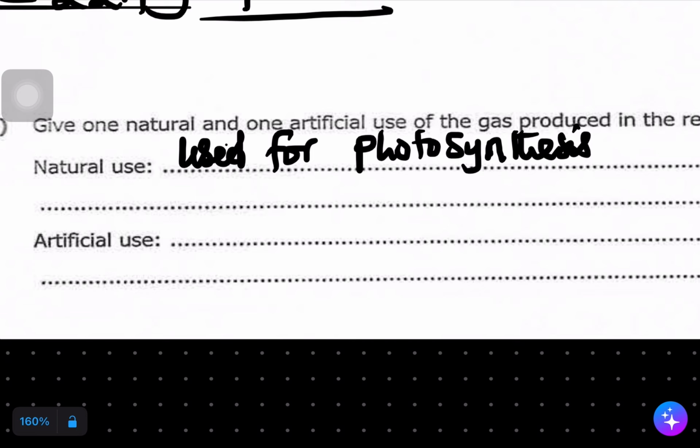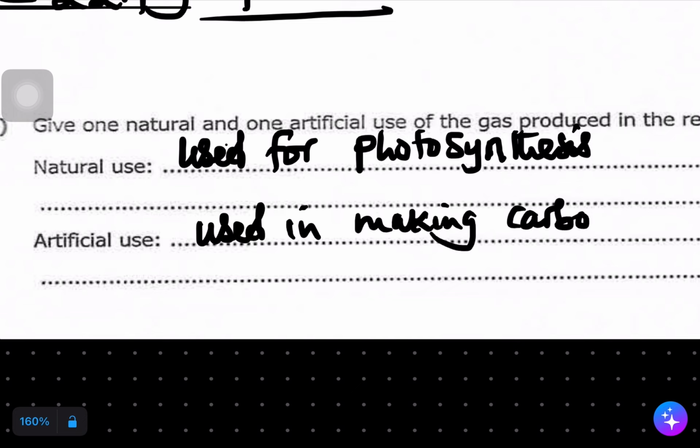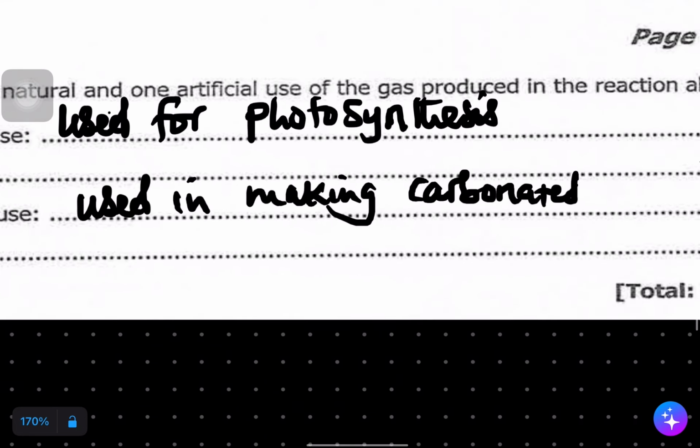So this is the natural use of carbon dioxide. And then also an artificial use: used in making carbonated drinks, like Coca-Cola and so forth.